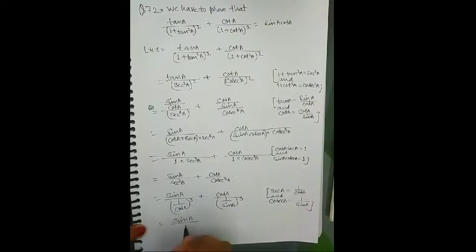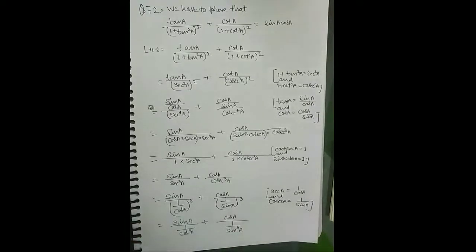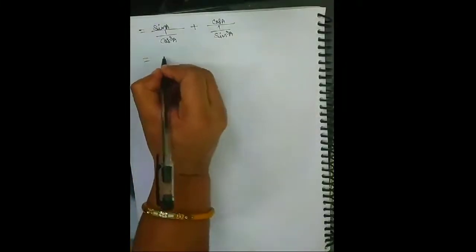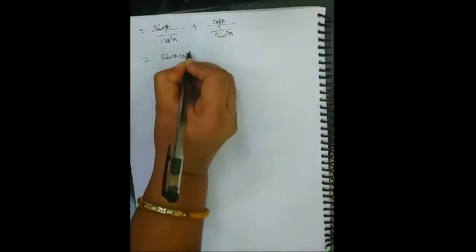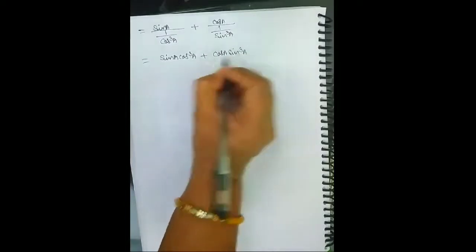We write sin A upon 1 upon cos cube A plus cos A upon 1 upon sin cube A. We write sin A into cos cube A plus cos A into sin cube A.